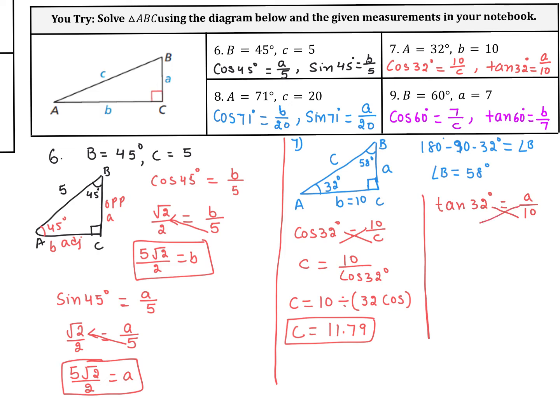Cross multiply, you got 10 times tangent 32 equals A. Now you want to find it: press 32 and then press tangent and multiply with 10. I got A equals 7.37 if I round it.